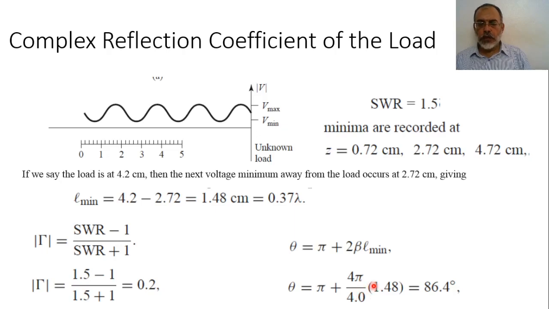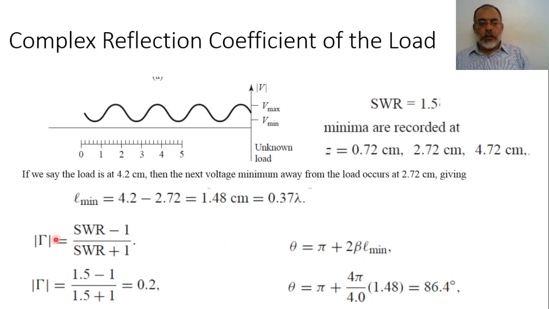Here everything is in centimeters, no problem. So the angle theta in radians would be this value plus this value, which can be converted into degrees as 68.4 degrees.